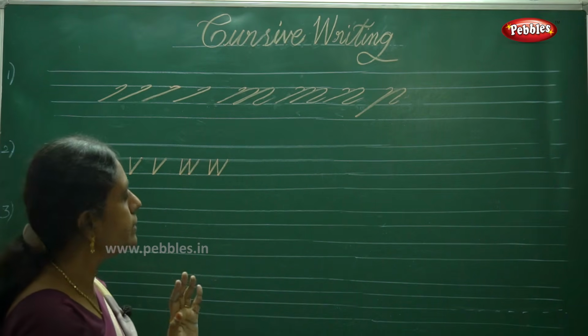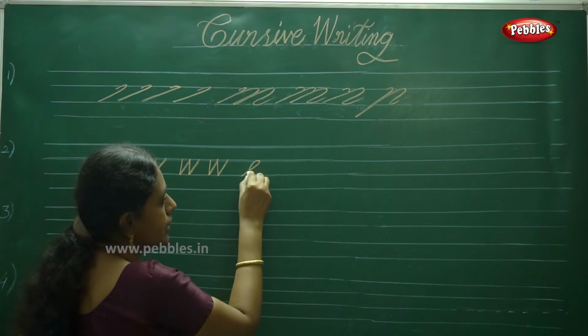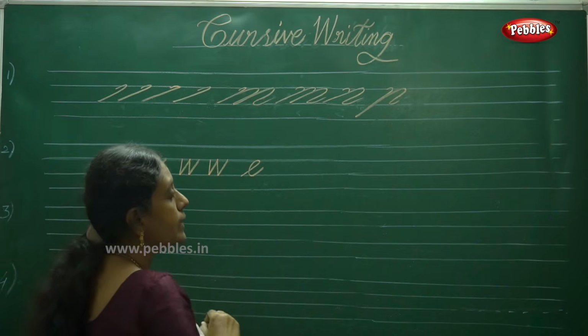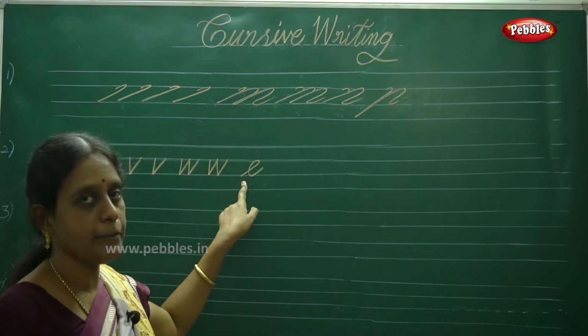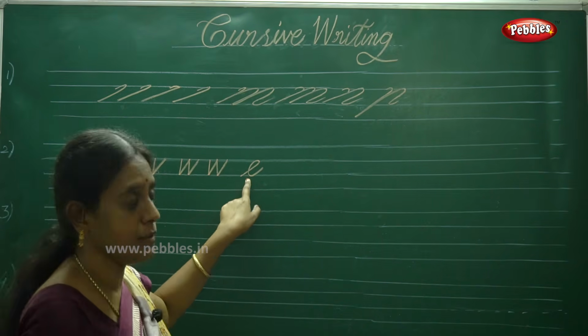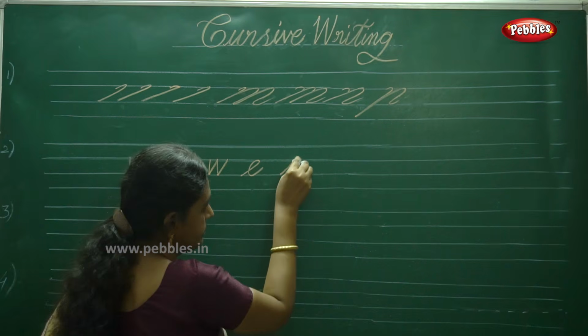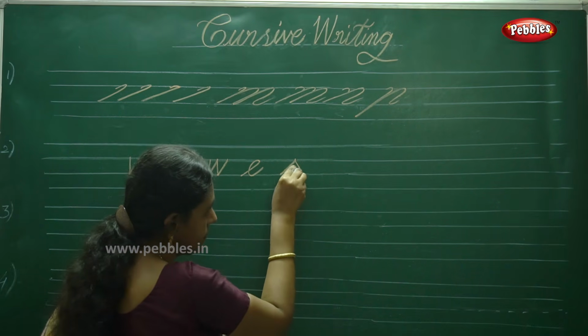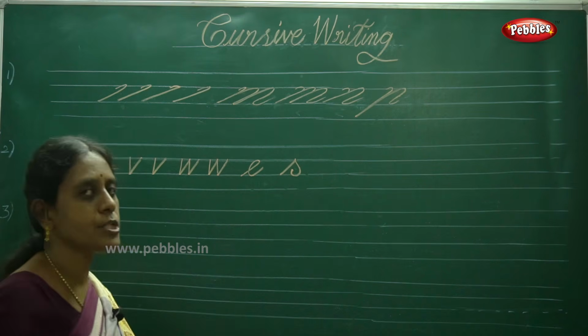Okay, then E. It does not have a stroke, but it comes only between the top line and bottom line. Okay, understand? E. Then S, draw it like a duck shape.